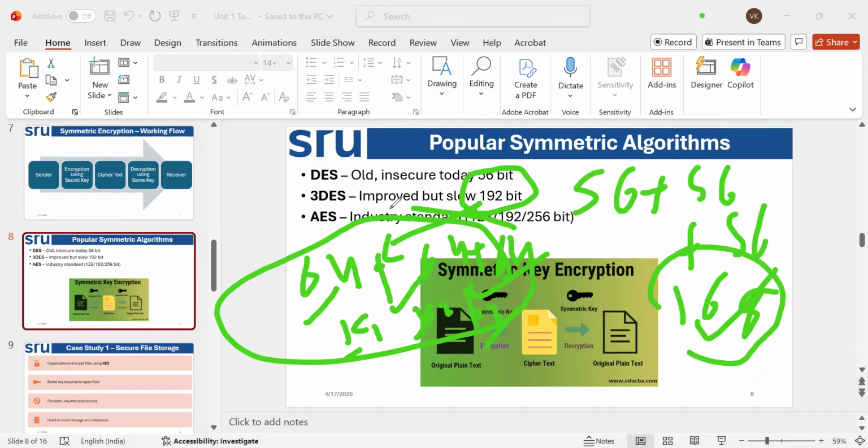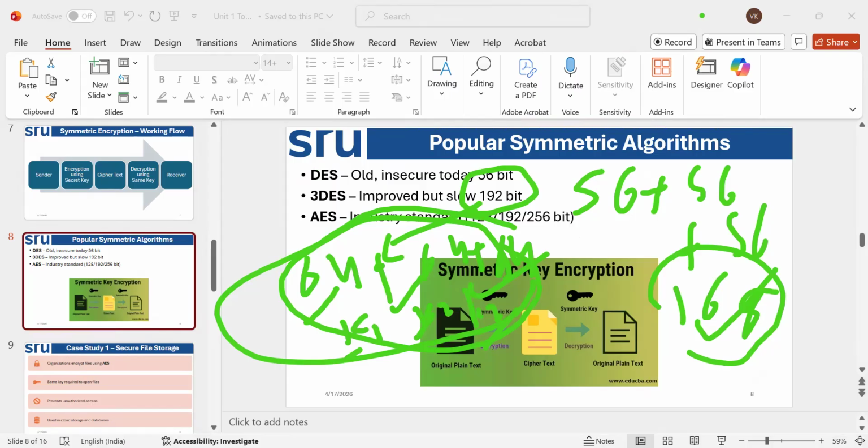So what happened? There is a 192-bit space for the keys, stored in a 64-bit format using 8 bits for parity.